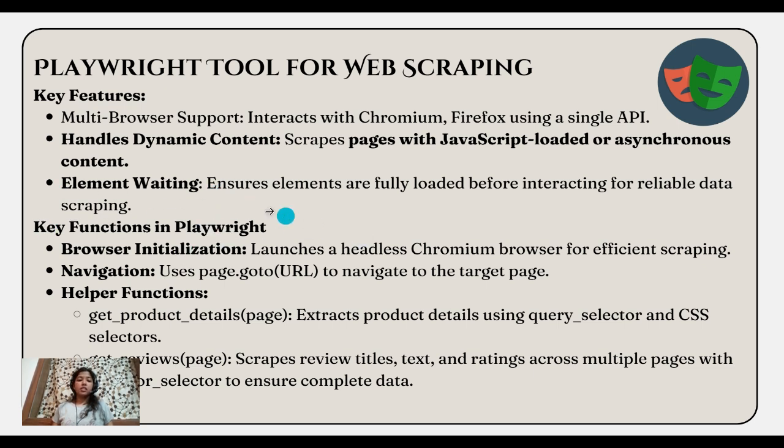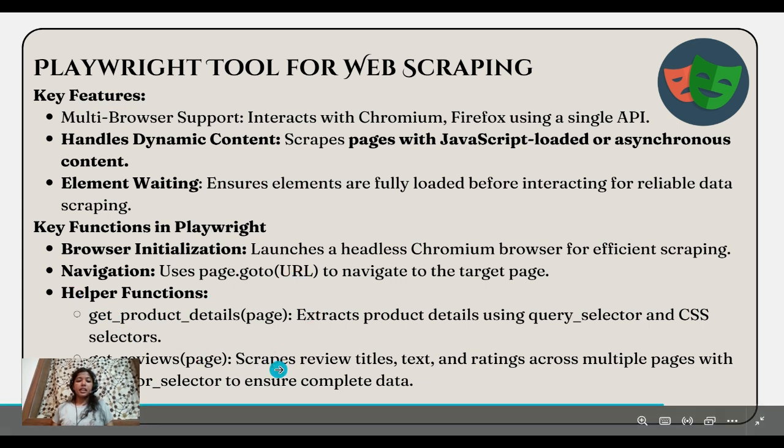The key functions in Playwright are browser initialization: it launches a headless Chromium browser for efficient and faster scraping. And navigation: when a user gives the product URL link, Playwright will directly navigate to the product URL page. And helper functions are get product details and get reviews.